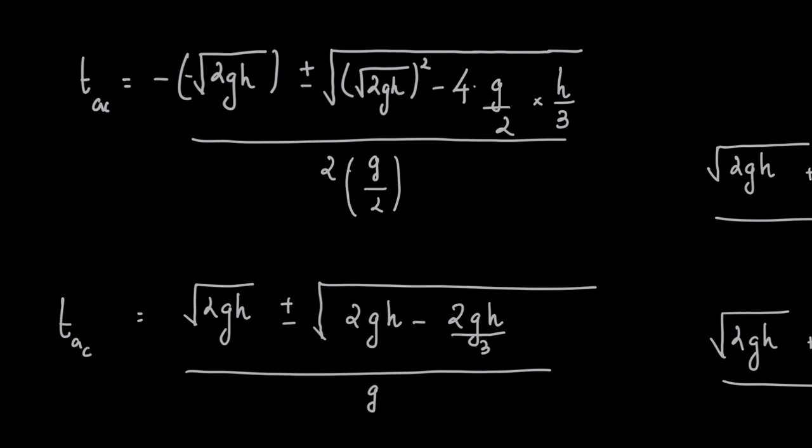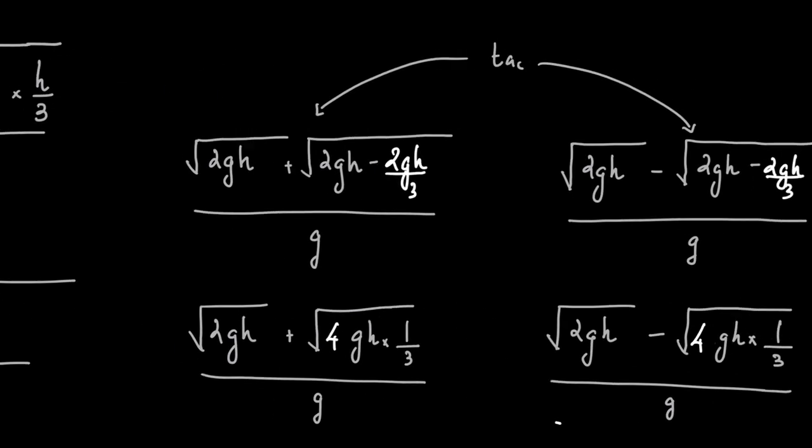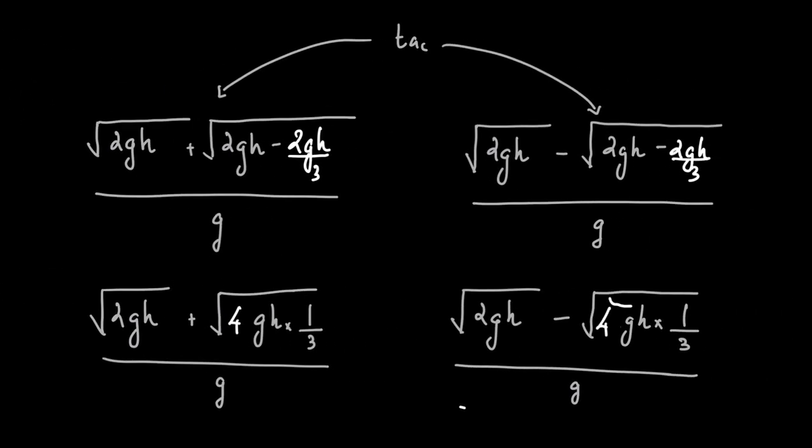So this would be 3 into 2, 6, 6 minus 2, 4. Instead, I wrote that as 2. That's where the mistake came up. Okay, anyway. So we have 3 into 2, 6gh minus 2gh is 4gh by 3, plus and minus. So we have plus root of 4gh by 3 and minus root of 4gh by 3.